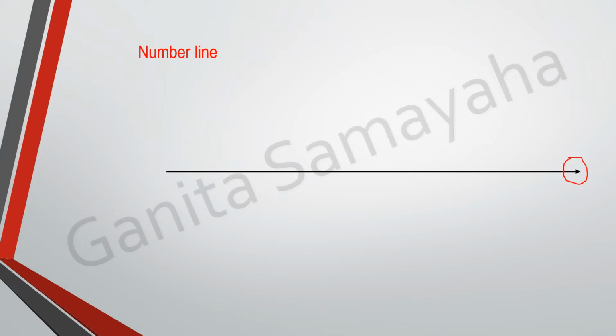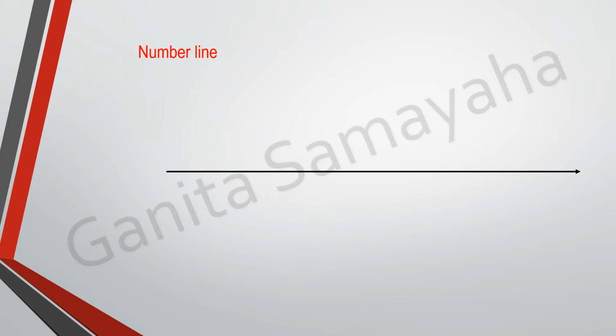Since we are dealing with whole numbers, we know that the whole numbers start with 0. So there is a starting point for it. Here, we have not marked any arrow since it has a starting point. Okay, so there is a point there. That means that there is an end point. On the other side, we have marked with an arrow mark.